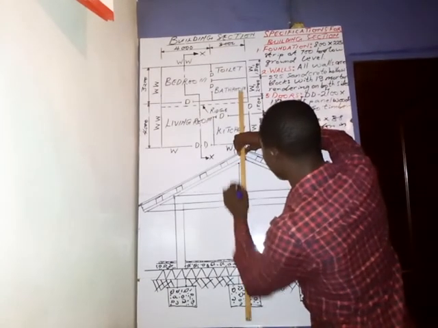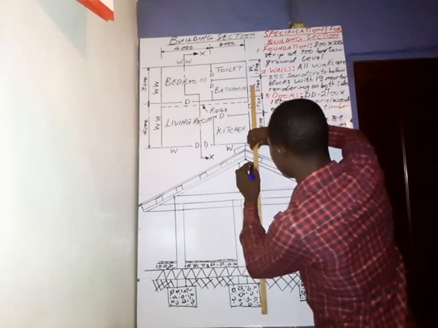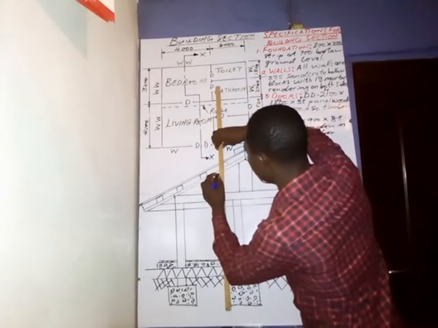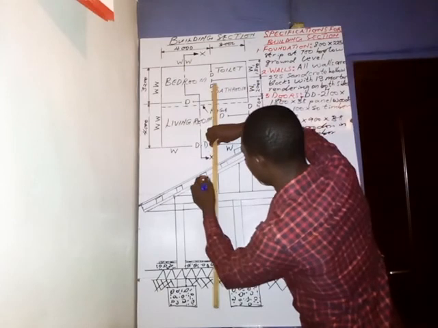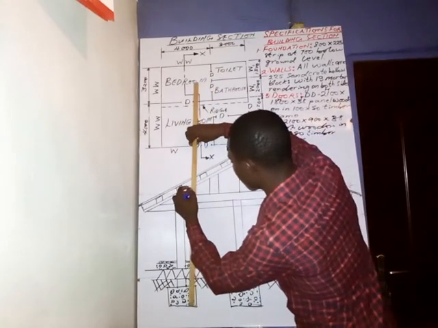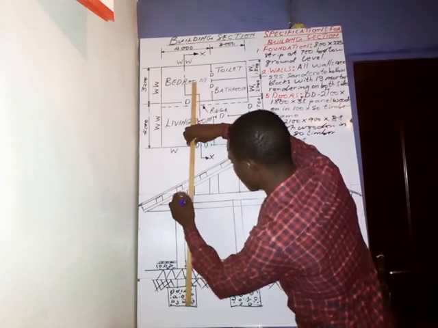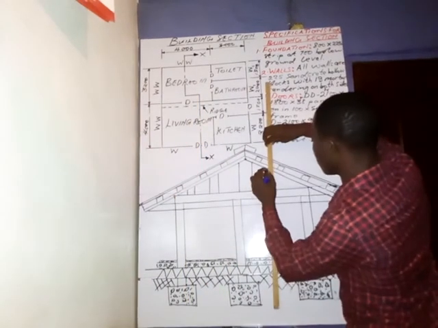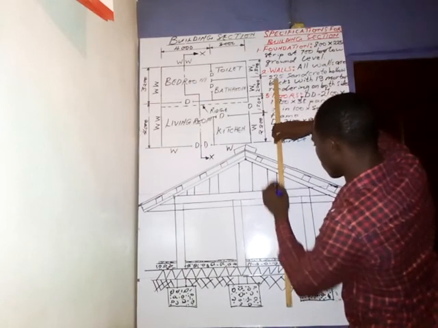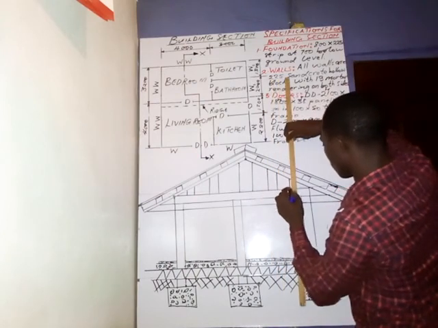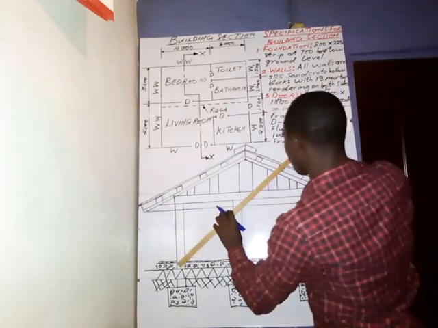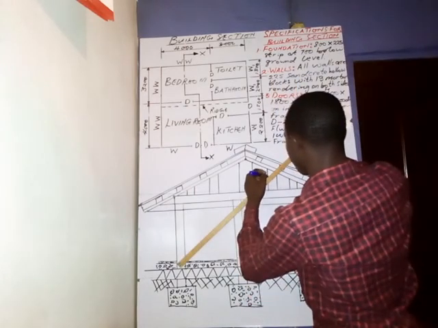Draw this, so this is the king post. Then you position the struts or the queen post like this. You do the same thing on this side. Position the struts or the queen post. And now put the struts like this.